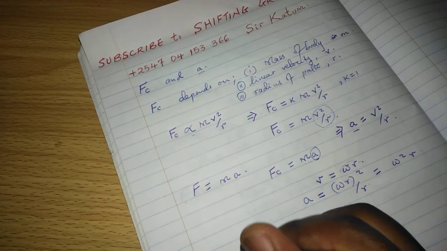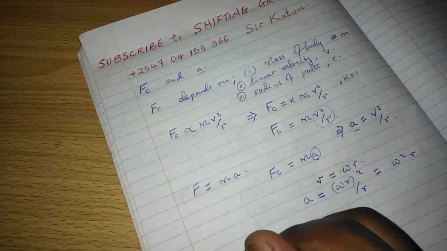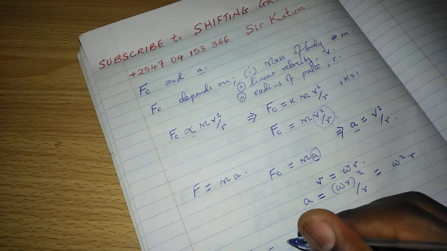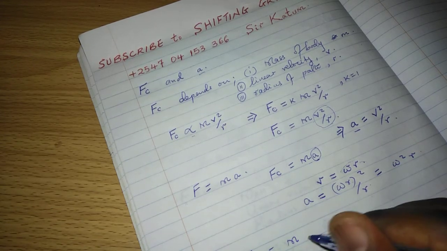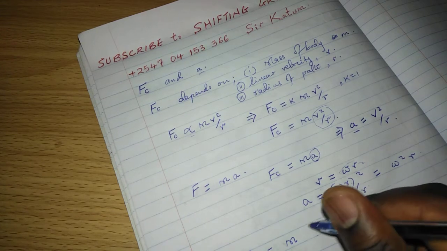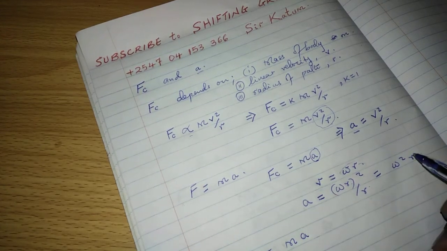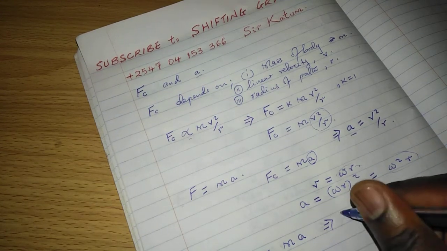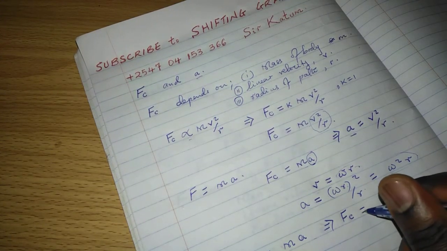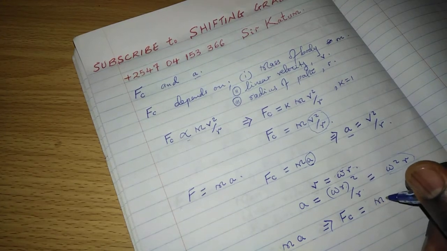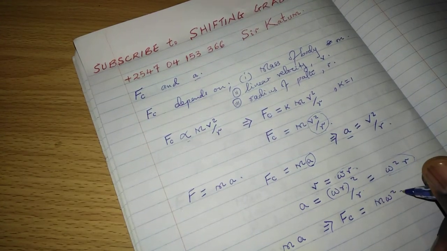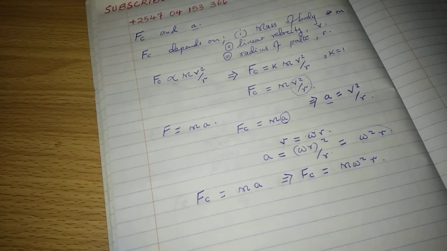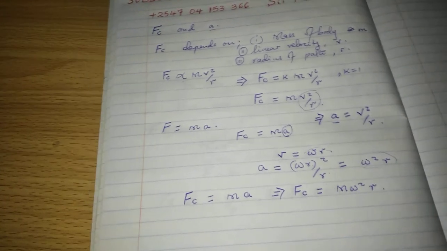So if centripetal force equals mass times acceleration, and the acceleration is also given by this, alternatively, centripetal force can be given by m omega squared multiplied by radius.